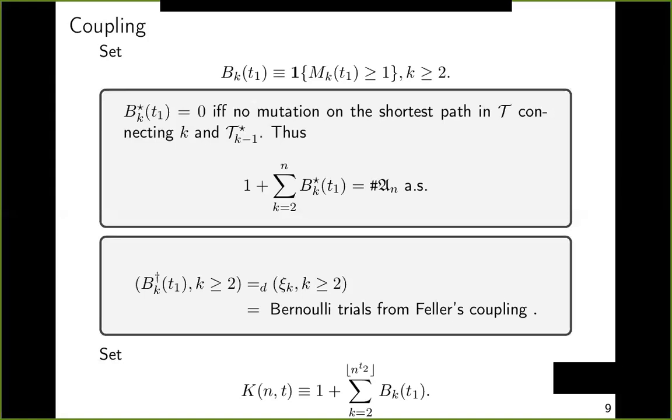On the other hand, the Bk dagger, in the temporal coupling, has the same distribution as the Bernoulli trials from Feller's coupling. So in both cases, we sum the Bk from 2 to n to the t2, we add 1, and we denote this quantity by K(n, t).